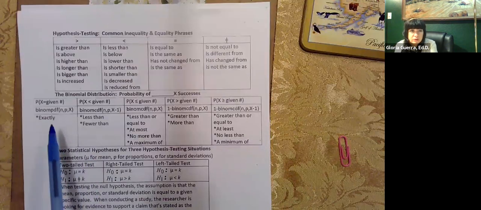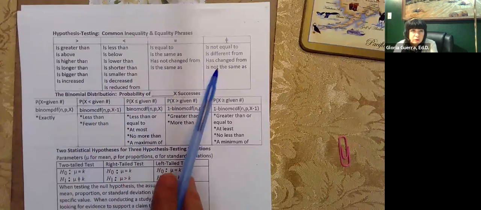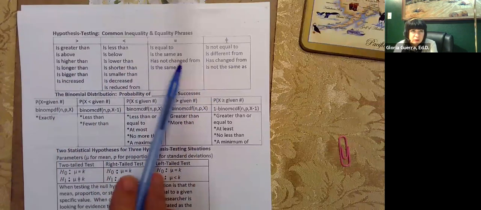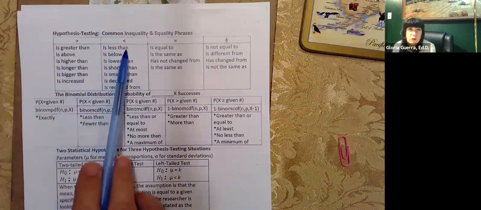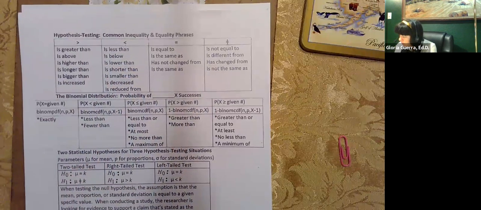But we need vocabulary. This vocabulary is still going to be helpful, but just for the inequality symbols. Most of the time we will find our vocabulary up here where we need the inequality symbol or the equality symbol.